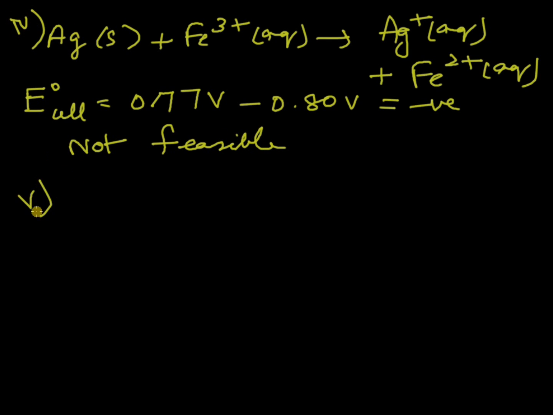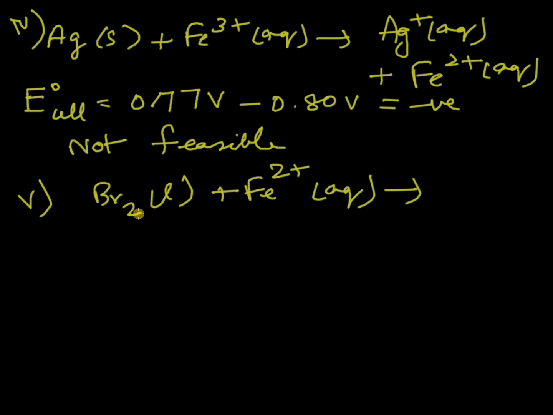The fifth subdivision has Br2 bromine liquid and Fe2+ aqueous. There is no problem in completing the equation: 2 Br minus aqueous plus 2 Fe3+ aqueous.